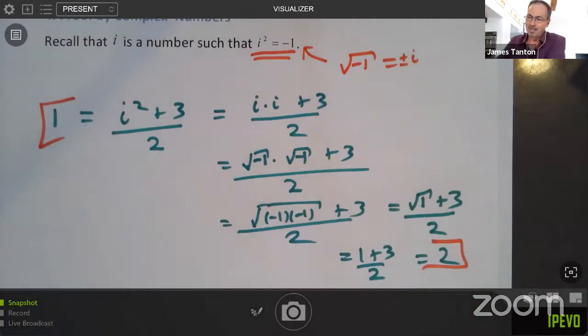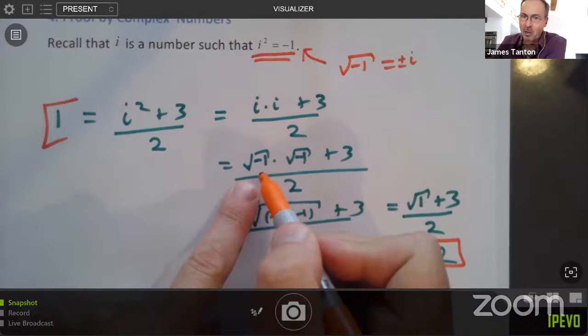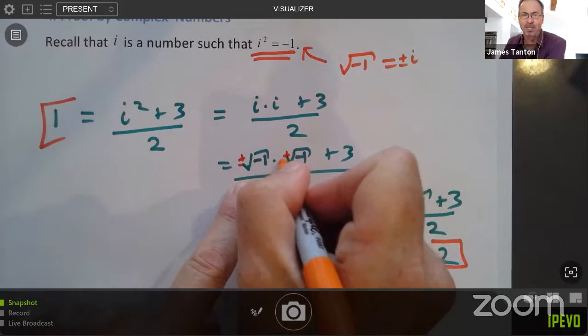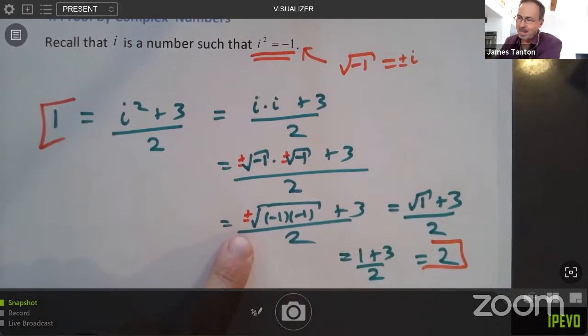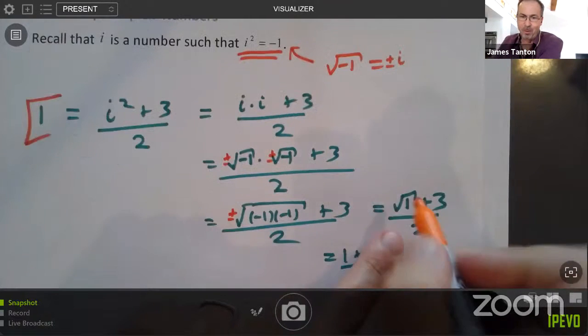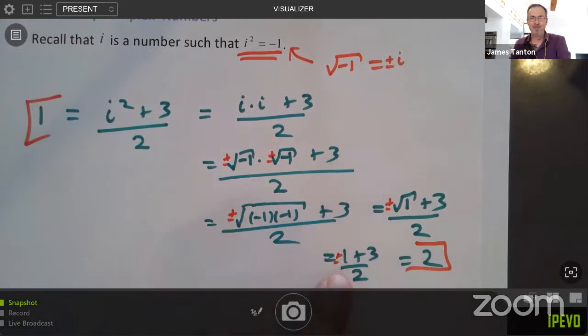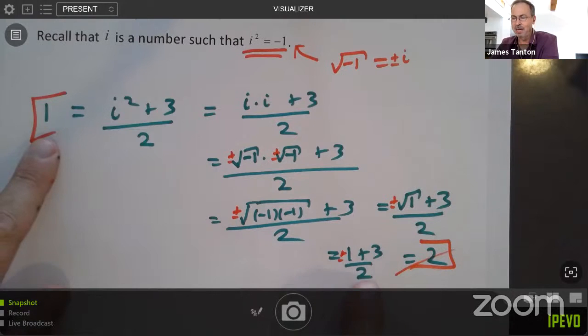So my trouble is, right here, when I define i to be the square root of -1, I don't know what you mean. Which one do you mean? So technically we're a little bit off there. It could be plus or minus i, which is fine. And then there are two square roots of positive 1, either +1 or -1. So this is actually plus or minus 1 again. And all we've actually proven is that 1 equals either (3 + 1)/2 or (3 - 1)/2.